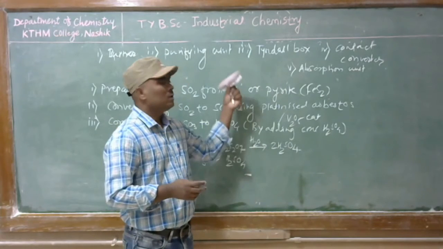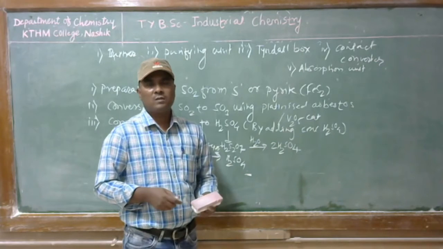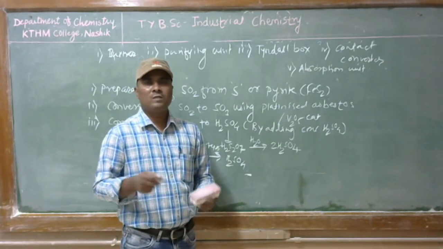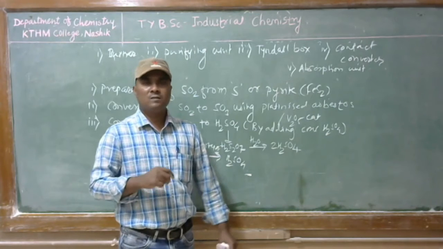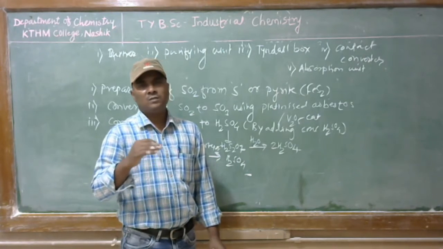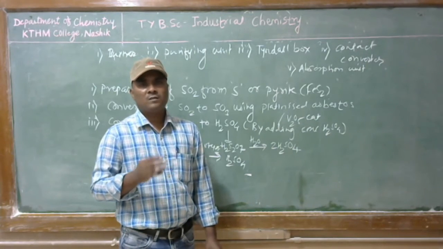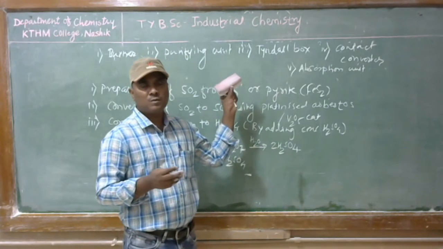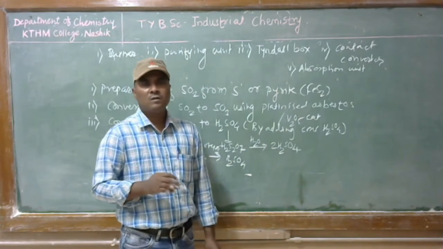Then this pure SO2 is passed into the arsenic tower or arsenic purifier, in which ferric oxide is used to purify the arsenic impurities. So whatever arsenic impurities come from the pyrite get separated in the arsenic tower.